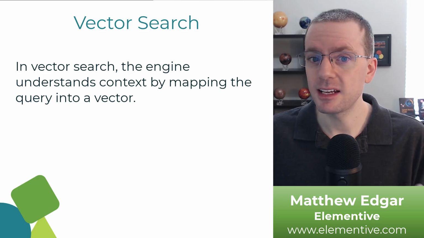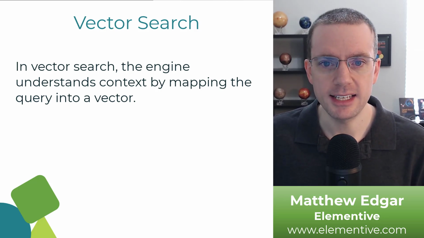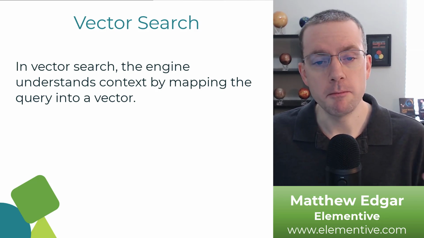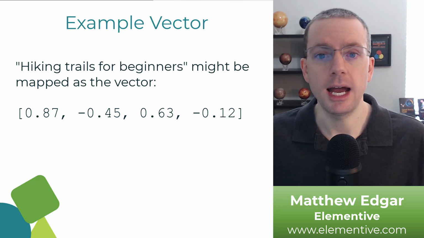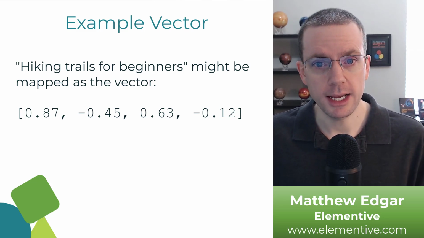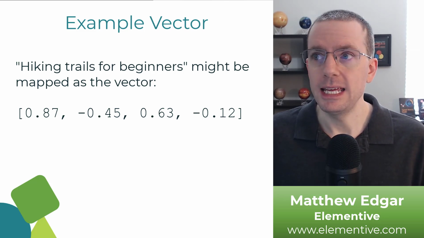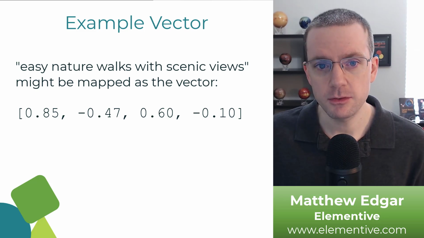With vector search, this is all different. The engine does not need to look at the specific phrases used on the page. Instead, the AI system is going to map the words into a vector. For example, it might embed the phrase hiking trails for beginners as this vector. However, if a user types in a prompt asking for easy nature walks with scenic views, that would be embedded as this vector.